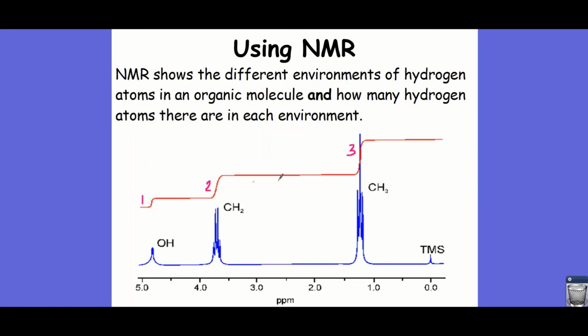It can be integrated using computer software, and usually that's what you would see once you run an NMR and get it back. But we have different environments with different ppms, but also the area underneath the peak and the size of that give us an indication of how many hydrogens are actually present in that environment.